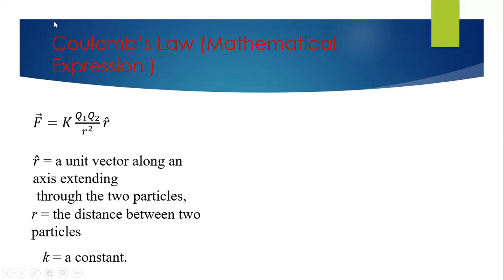And as we know, this force is a vector quantity, so here we place a unit vector, and this K is a constant. So using this relation, when we know the magnitude of charges, we can calculate the force and its direction as well.